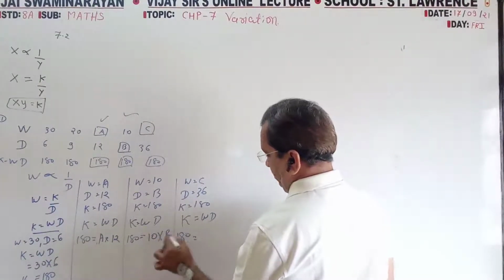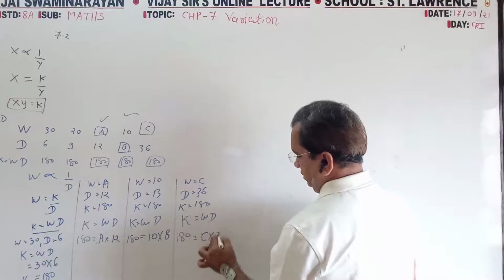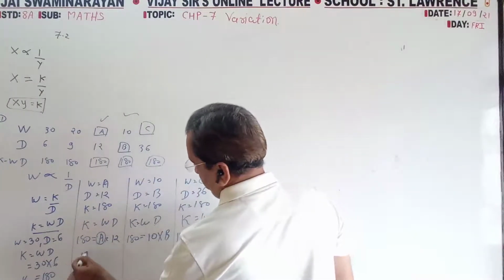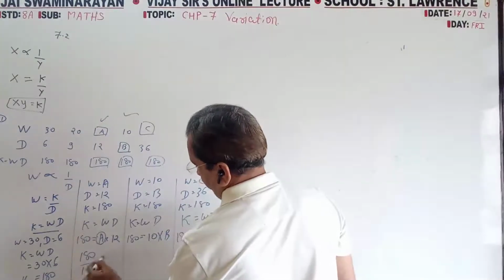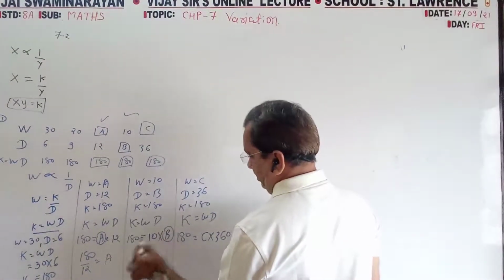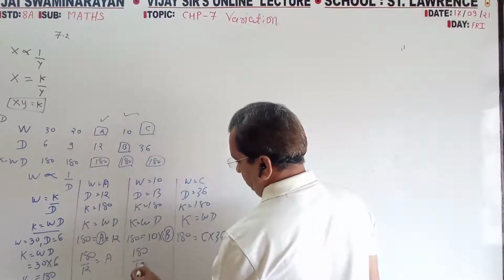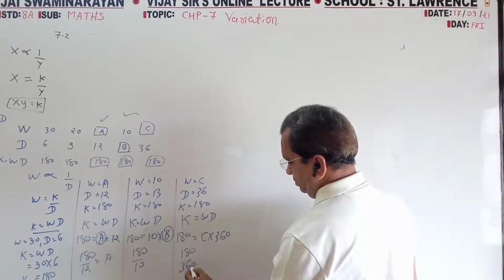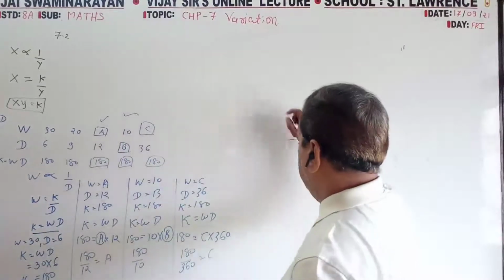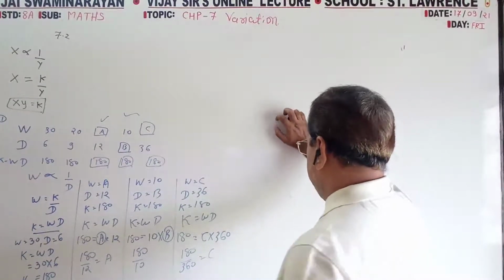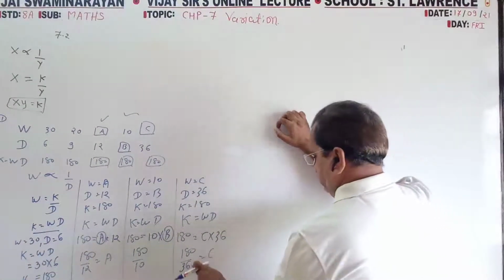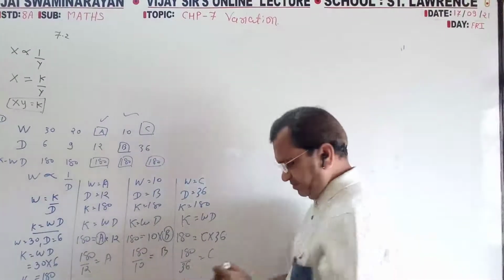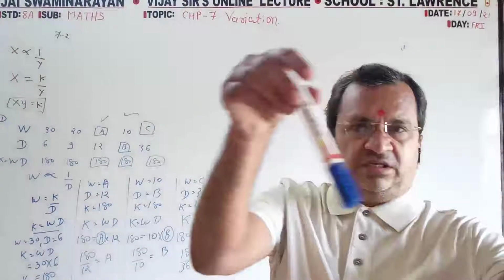12, 10 into B, C into 36. Now I want A, so 12 goes down. I want B, 10 goes down. Sorry, it is 36. Okay, it is B. Now cancel.